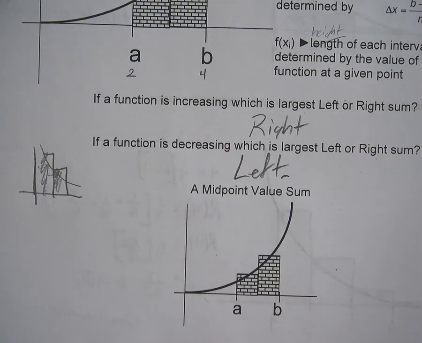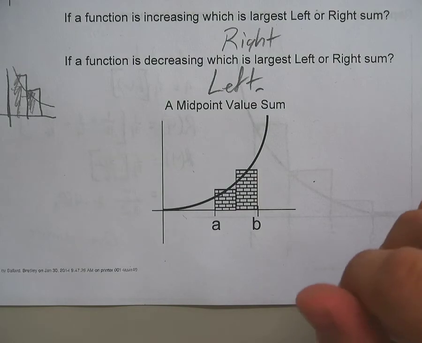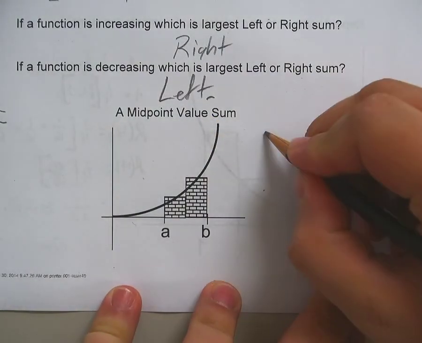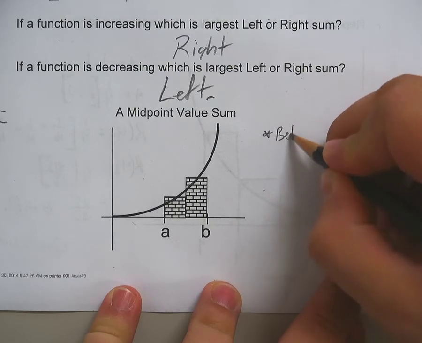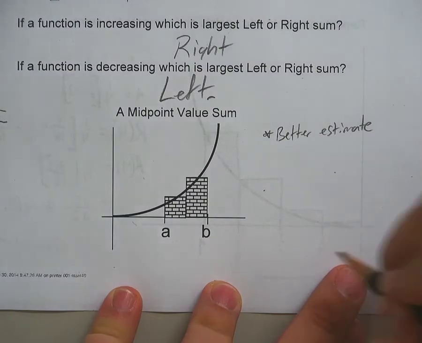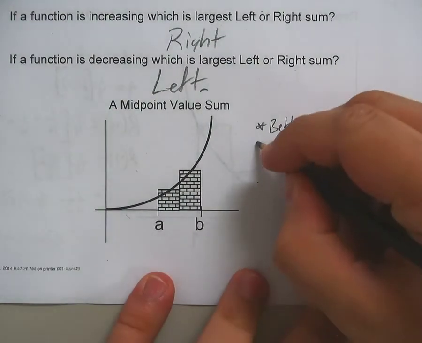Now, the best type of sum is going to be what we call the midpoint value. And that's for a few reasons. The midpoint value sum is a better estimate, mainly because the height of the rectangles is in the middle. I want you to write that down too.